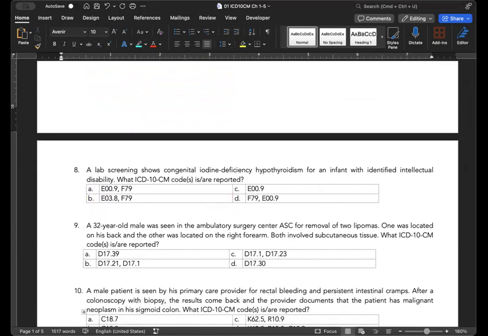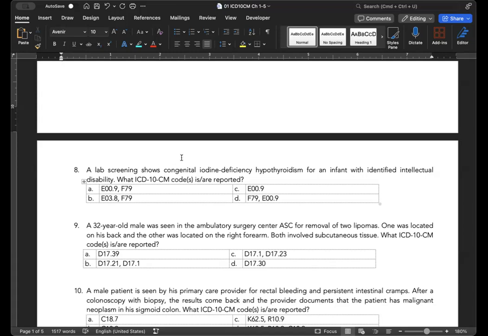Number 8, we have a lab screening that shows congenital iodine deficiency hypothyroidism for an infant with identified intellectual disabilities. What do you guys want to look up first? Hypothyroidism.